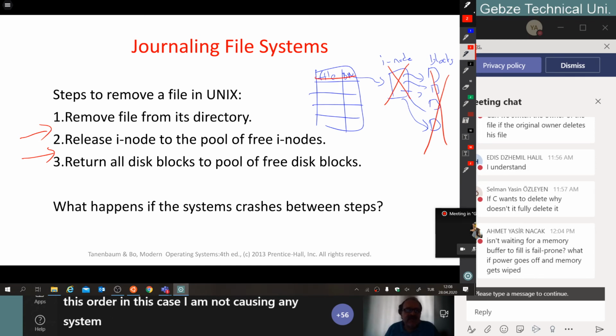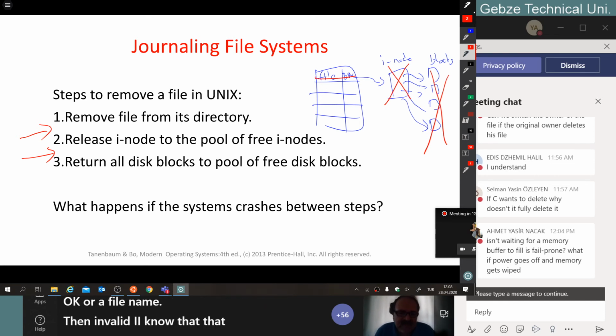This causes only file system inefficiency. But in some cases, there would be situations where two inodes are pointing to the same block, okay? Or a file name pointing to an invalid inode. That may be a problem.